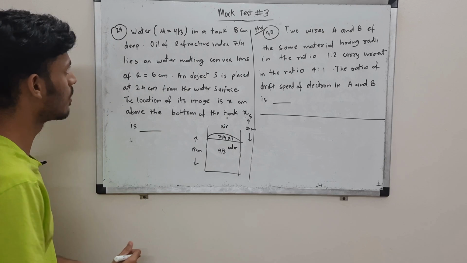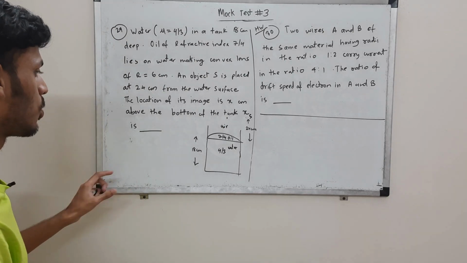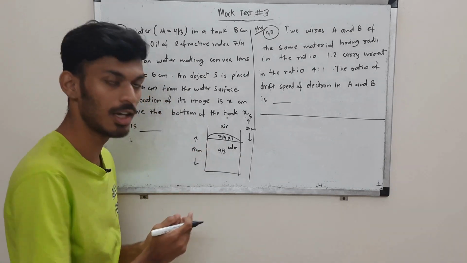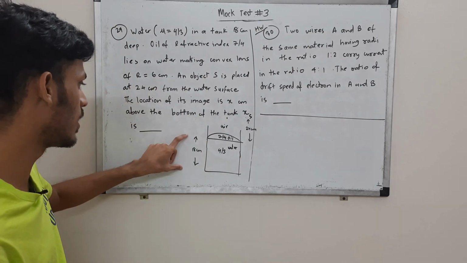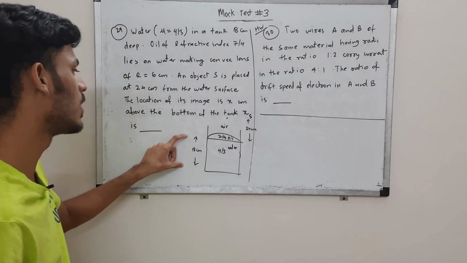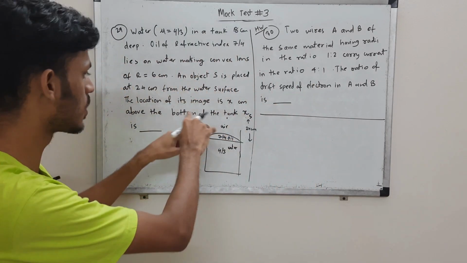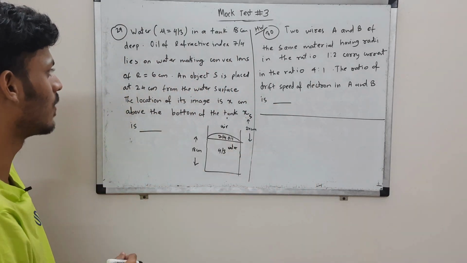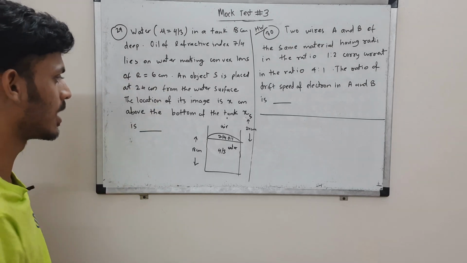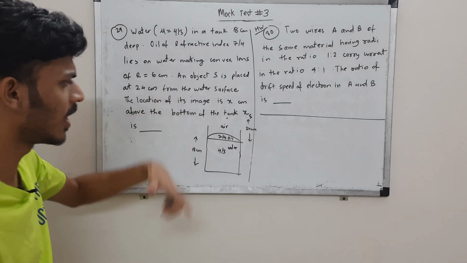So let's come to question number 29. Here, long story short, we have some water in a tank. The water level is 18 centimeters from the bottom of the tank. On top of the water we have an oil droplet which forms a plano-convex lens of radius 6 centimeters. On top of that it's air.